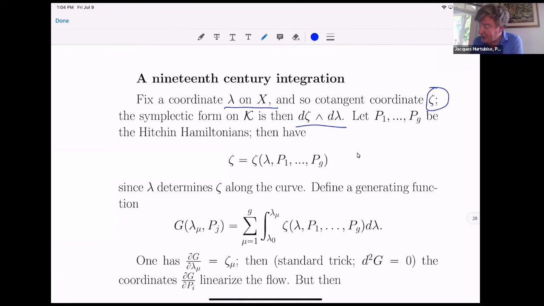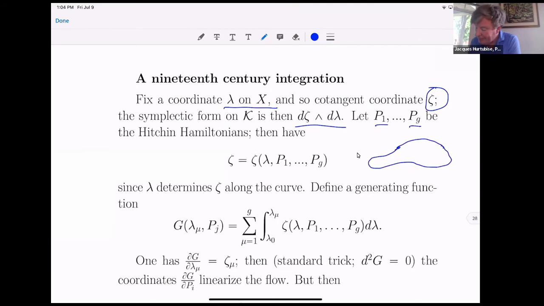You have these Hitchin Hamiltonians, there are g of them, and once I fix the Hamiltonian, it fixes the spectral curve. And so I'm on something that's one-dimensional, so zeta becomes a function of lambda, because it's one-dimensional. So there's some algebraic thing that gives you the result.